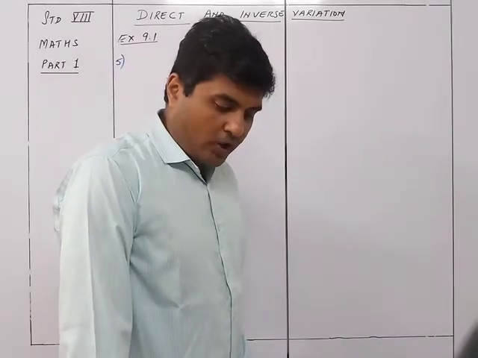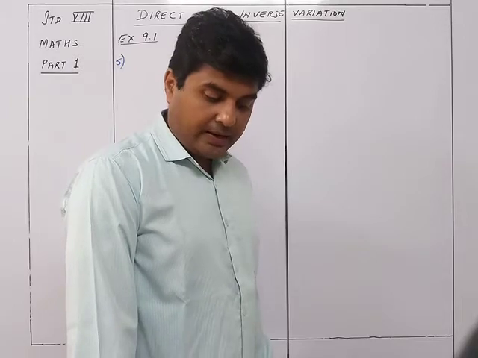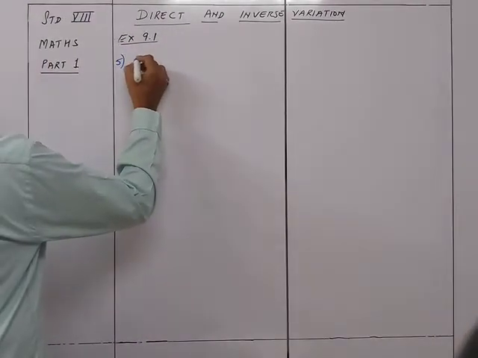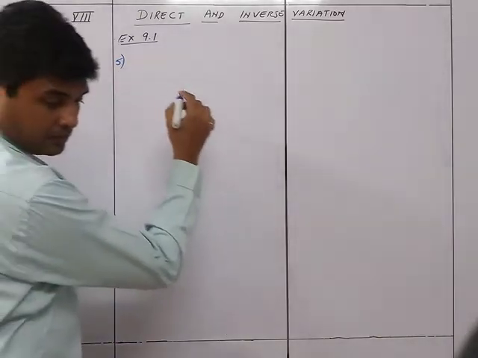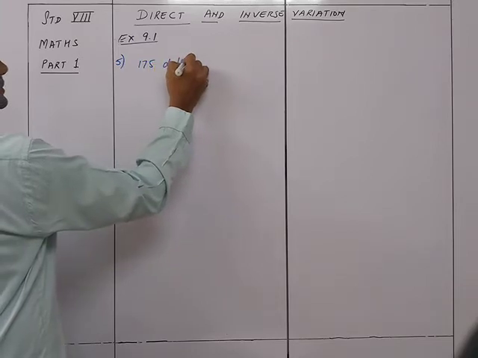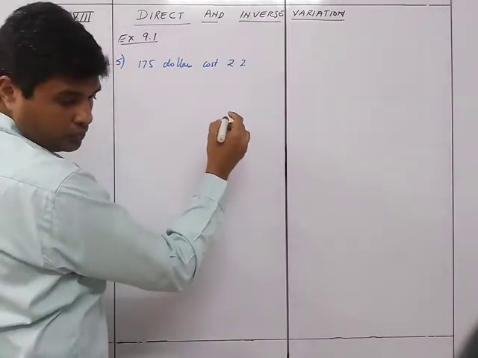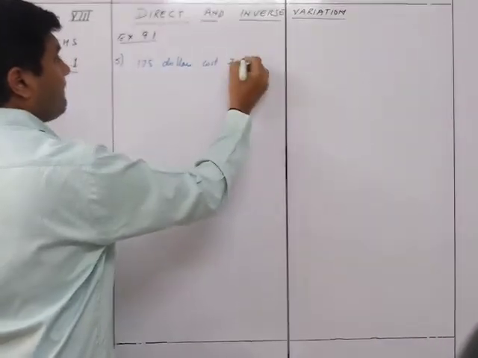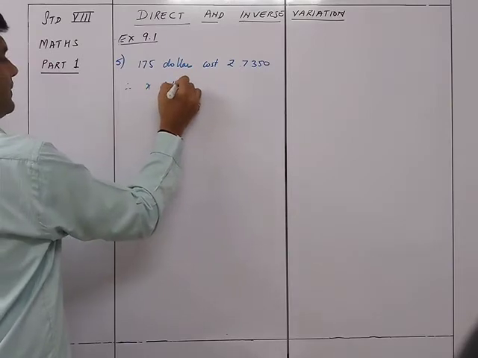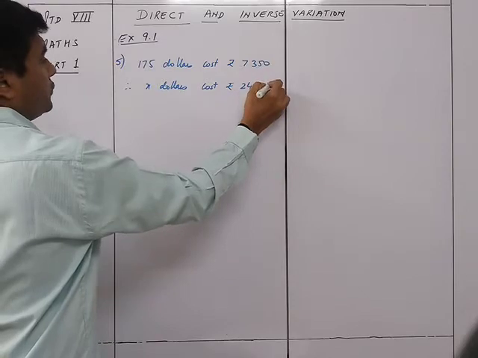If 175 dollars cost rupees 7,350, how many dollars can you purchase in 24,024 rupees? So it is like 175 dollars cost rupees 7350. Therefore, X dollars cost rupees 24024.